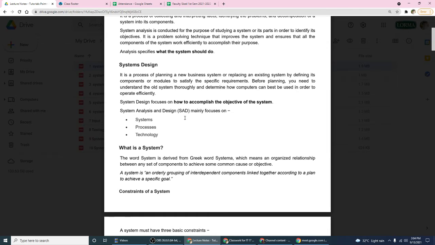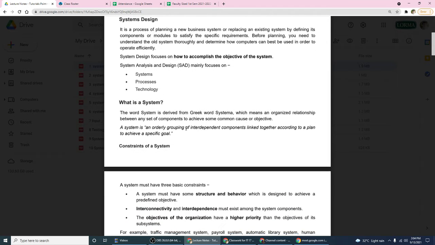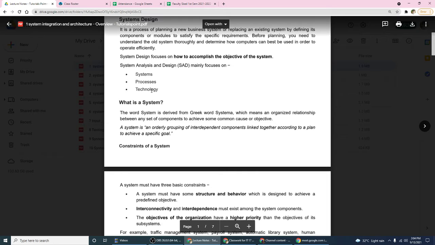So like I said, in this subject, you will be creating a system, but not only a system, you will also be writing a manuscript or document. So you have a document, and then you have the system. System analysis and design mainly focuses on the system process, and then we have the technology.